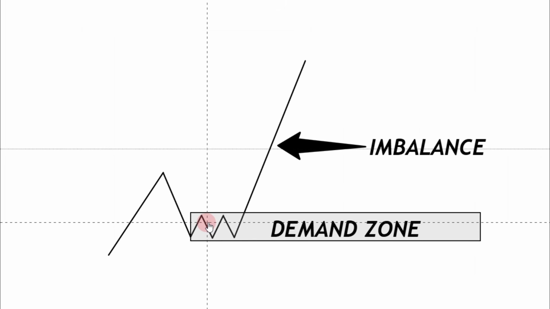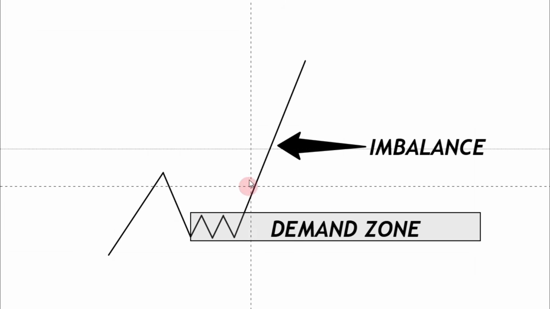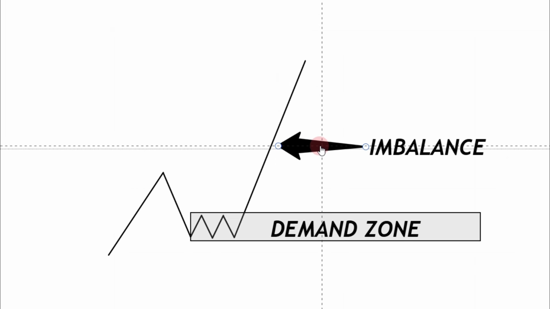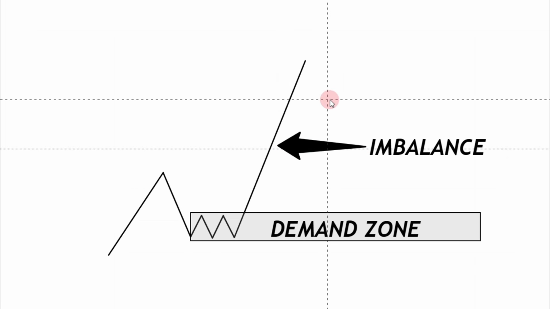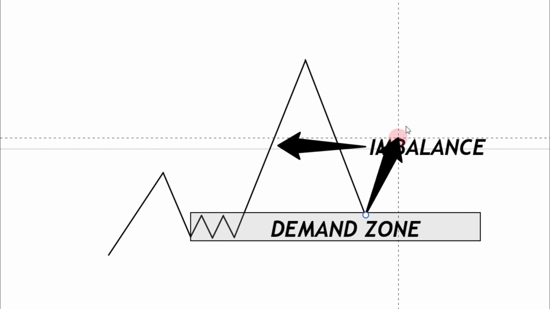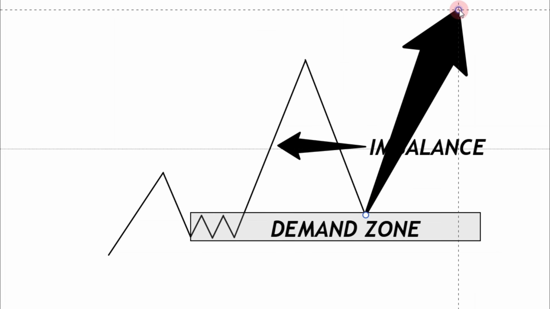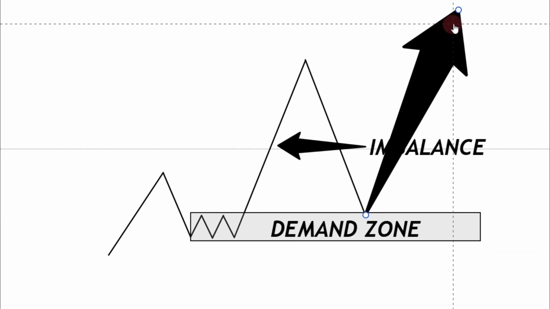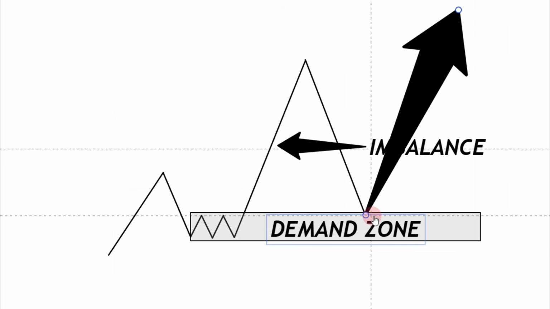When the buyers win the war, they push price to the upside, leaving behind a fair value gap and an imbalance. Traders anticipate that there is a potential pullback to the demand zone before price can push again to the upside. So there is a reaction here before price continues to the upside. That's what we call a demand zone.